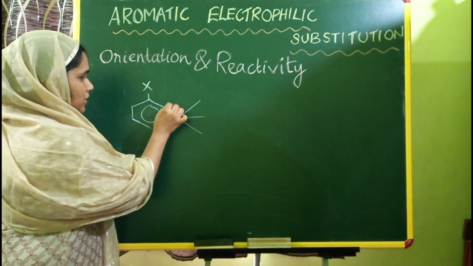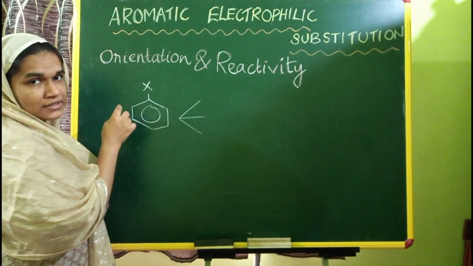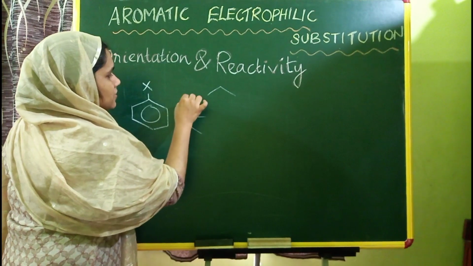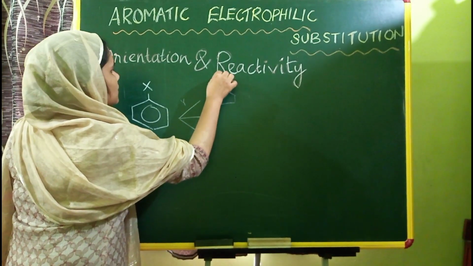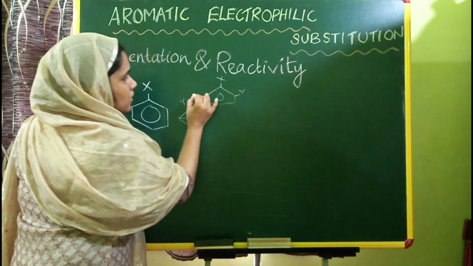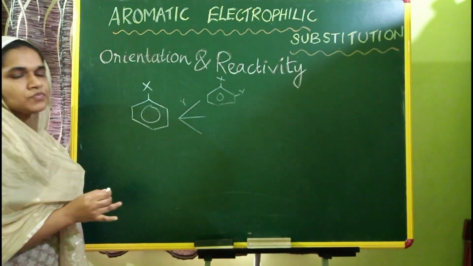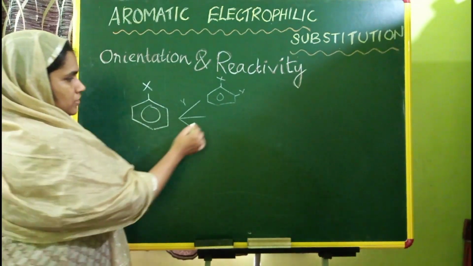One is the ortho product. In the ortho product, the adjacent hydrogen is replaced by another group. Suppose Y is substituting, so the ortho product will be XY. Here also, if this position is substituted by another group, that also is an ortho product.